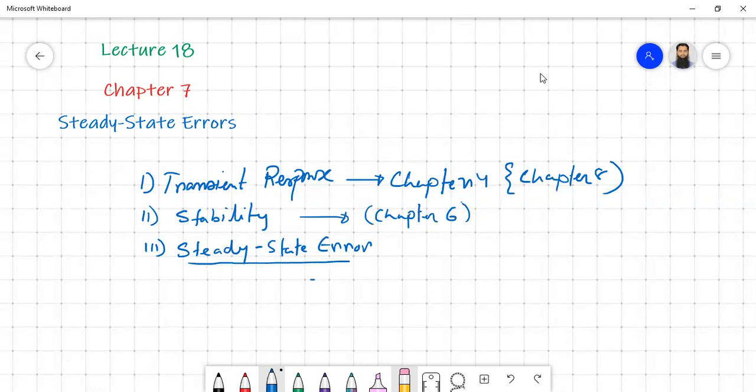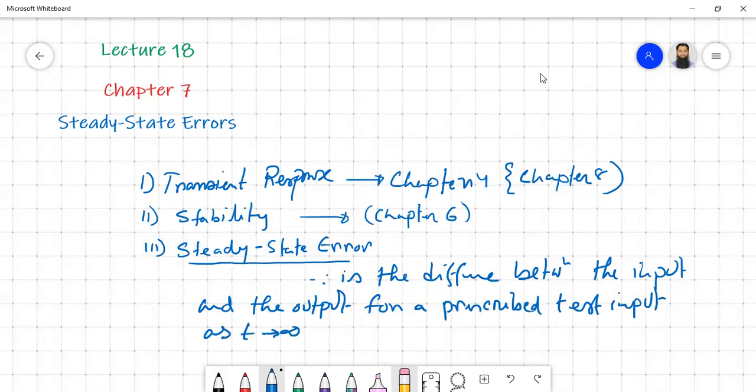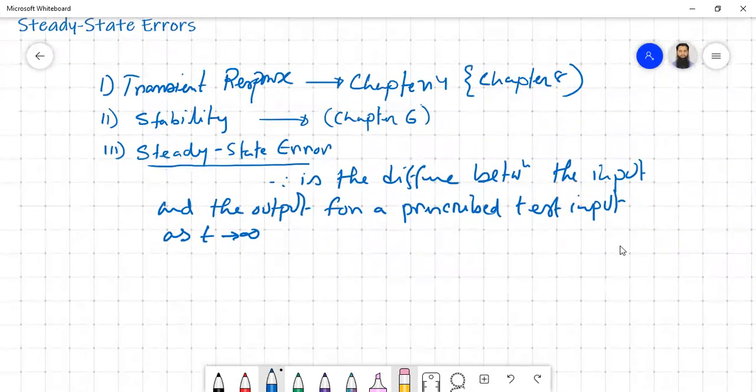The definition says that steady state error is the difference between the input and the output for a prescribed test input as t tends to infinity.